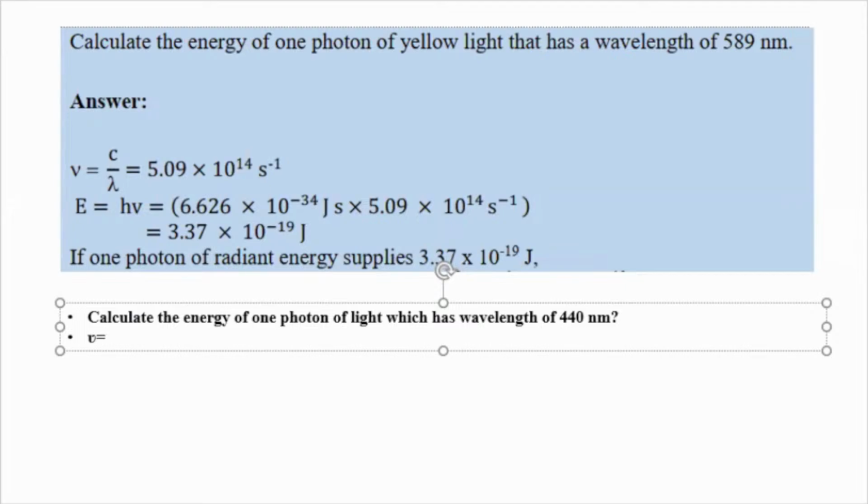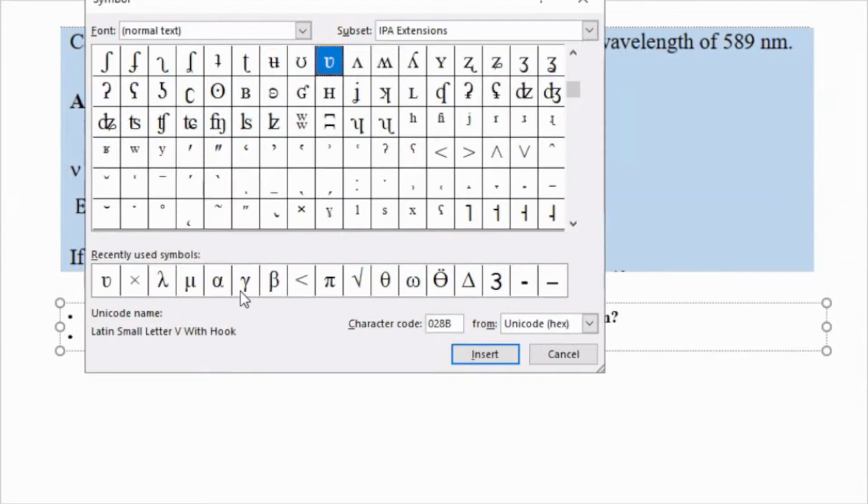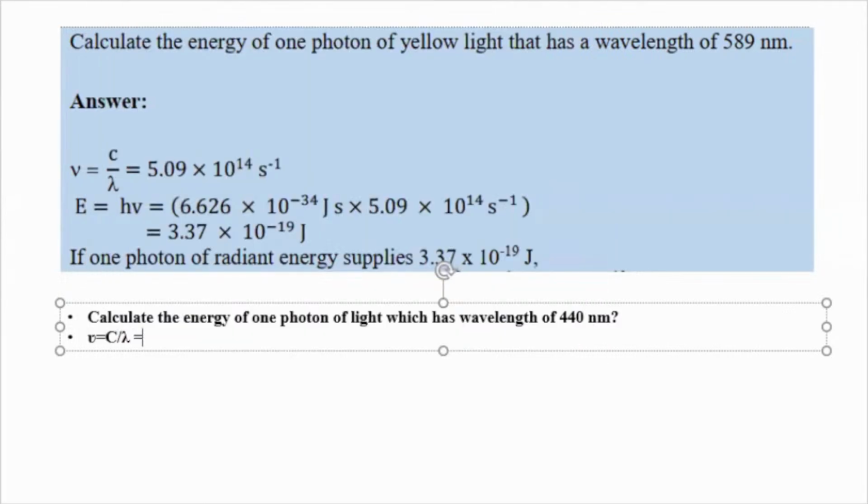Mu is equal to C over lambda. Okay, C is 3 into 10 to the power 8 m s to the power minus 1.